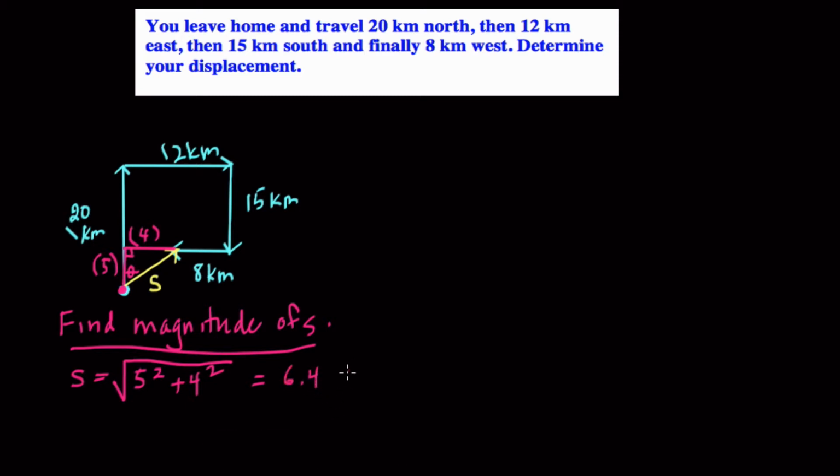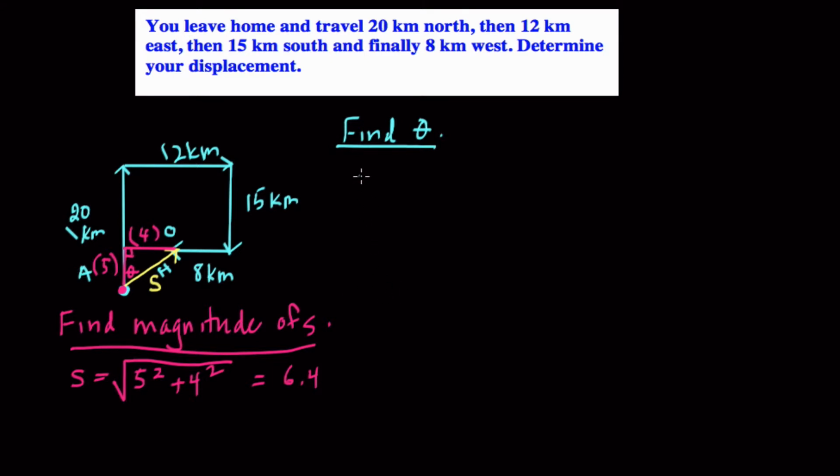Now I also need to find the angle theta. So what is theta going to be? Well, I calculated this S, the hypotenuse, at 6.4, but I don't want to use that if I can help it. So here's my theta. The first step in finding theta is to identify opposite, adjacent, and hypotenuse. If I go in this corner with theta and I go across, this 4 is opposite and this 5 is adjacent.